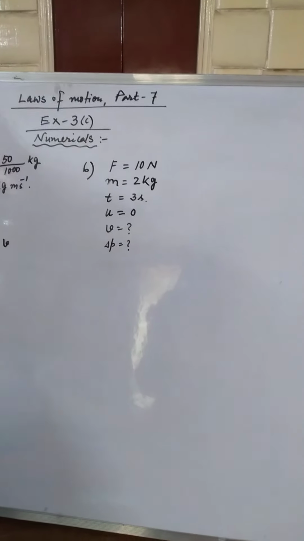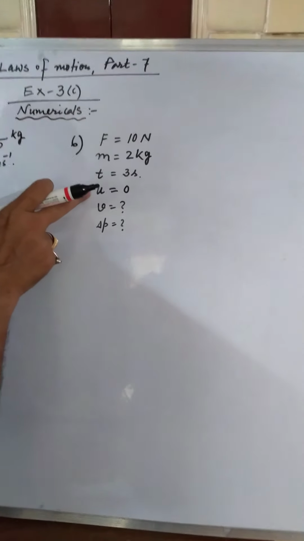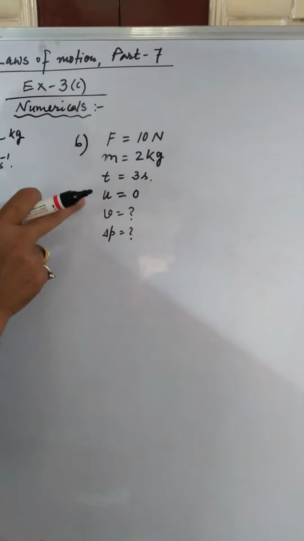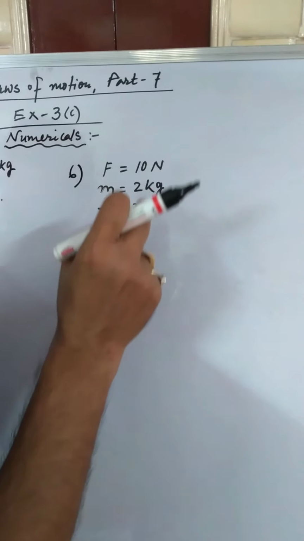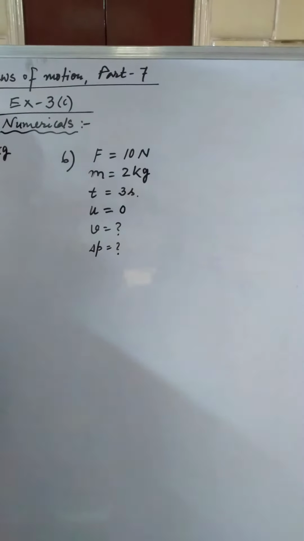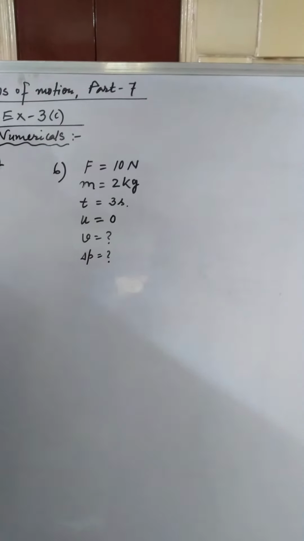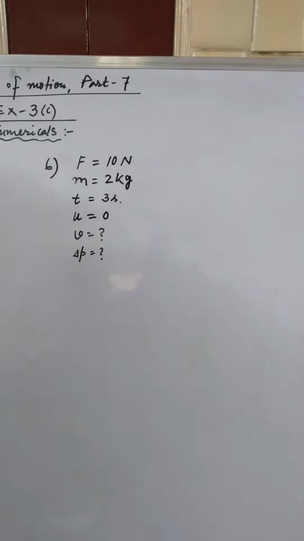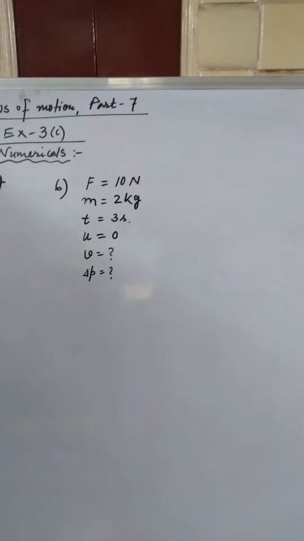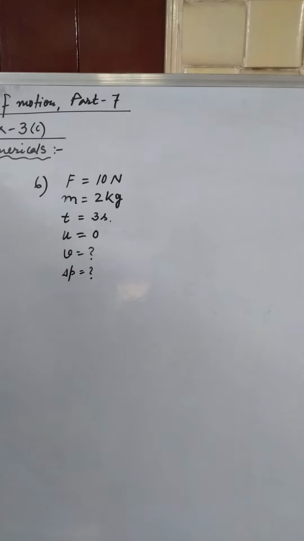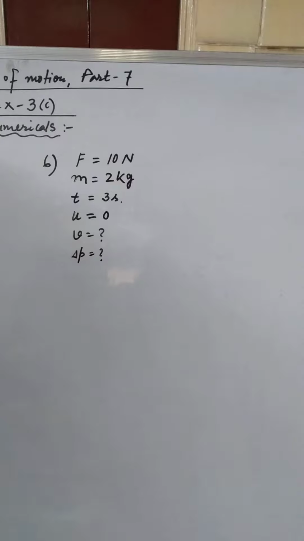Now it is clear, since the body initially is at rest, whenever you act that force 10 Newton for 3 seconds, you have to find out the velocity acquired by the body and the change in the momentum of the body. The mass of the body is 2 kilogram.